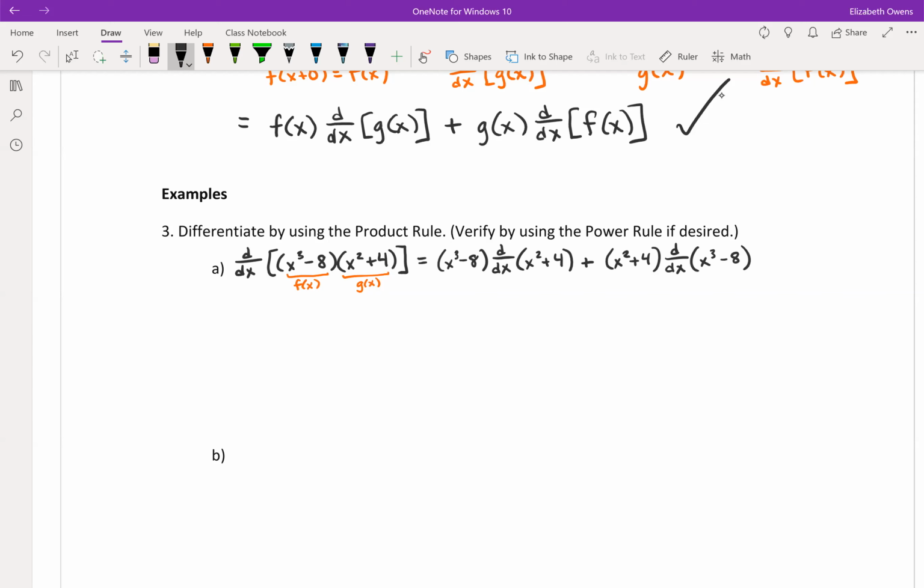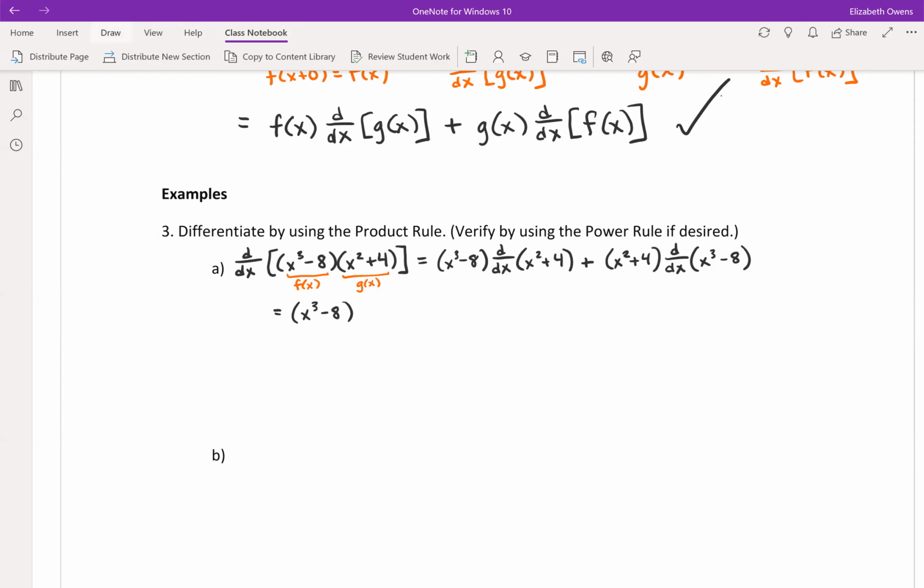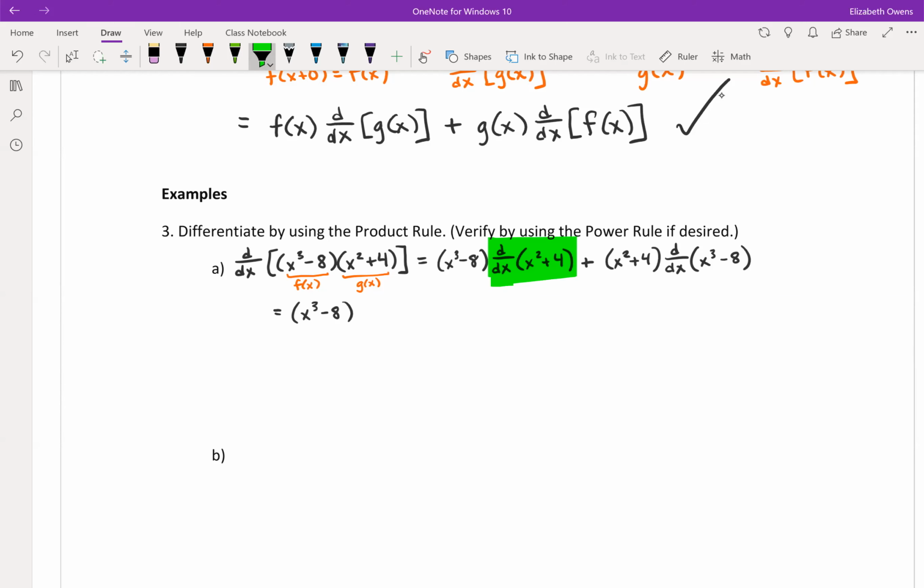Okay, and now we'll rewrite a little bit. We've got x cubed minus 8, but for this derivative of x squared plus 4, that is a power rule right there.